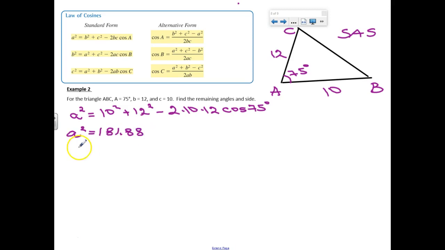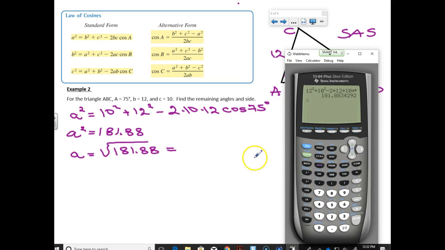So A squared is equal to 181.88. Well, in that case, to find A, that is the square root of my answer. On the calculator, I would do square root, the square root of the answer, and I get 13.486.